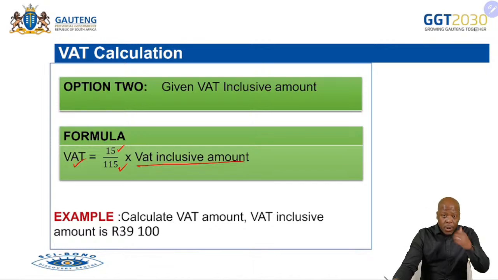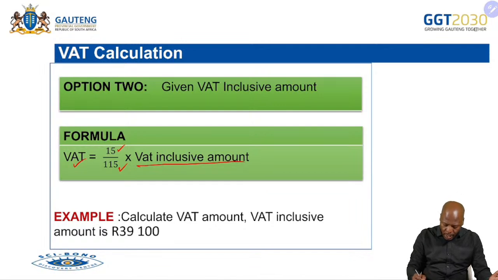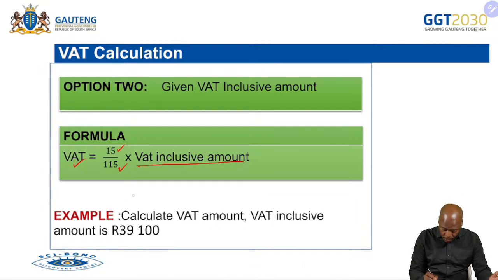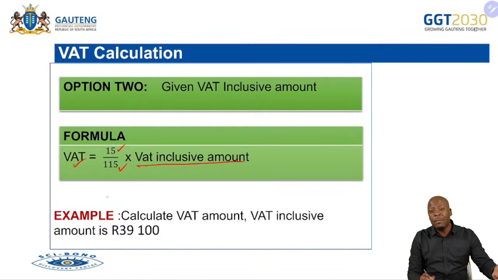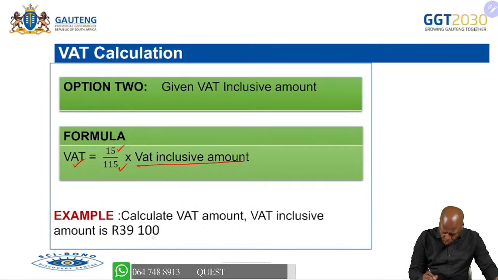Let's do the next example. What is it that I want? I want 15. You're going to find that later, if you had the VAT amount, you could have just used it. But let me show you first the first option. When you're on option 2, remember what I want is 15. What I have is inclusive, which is 115%.